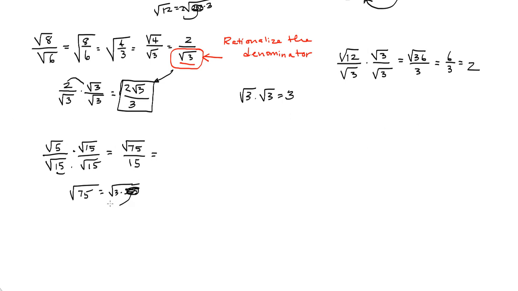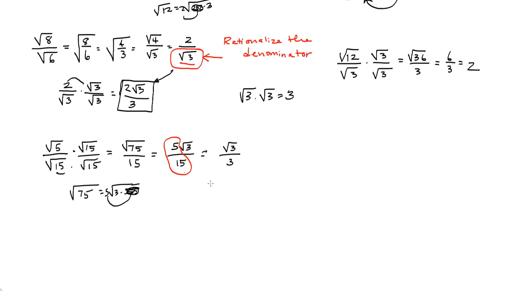There's a pair of 5s right there, so the 5 comes out. 5 radical 3 over 15. And then we just want to make sure that we can reduce whole numbers if necessary. Take a look at these whole numbers right here, and you tell me what we can do with 5/15. Can that be reduced, 5/15? Absolutely, to 1/3.